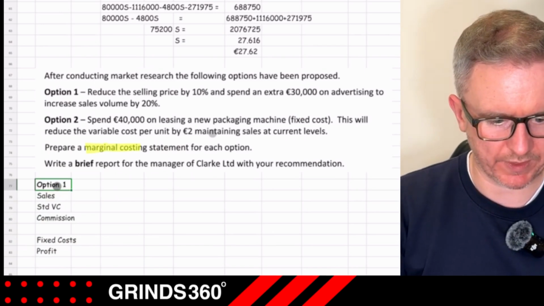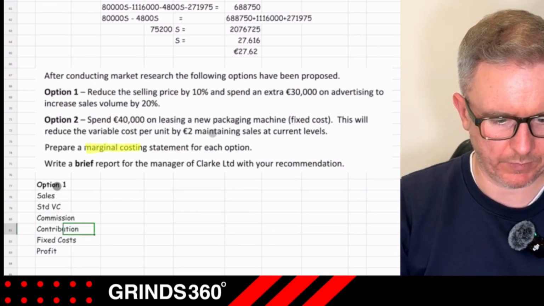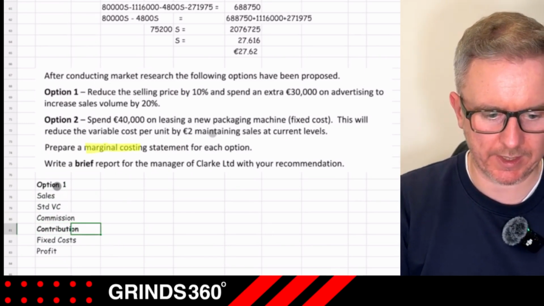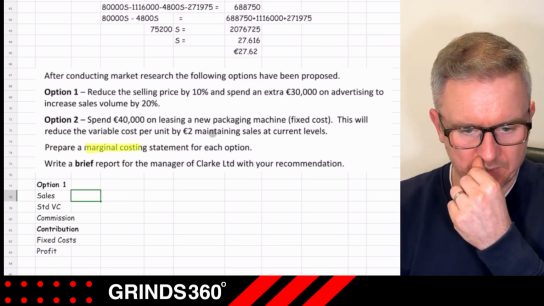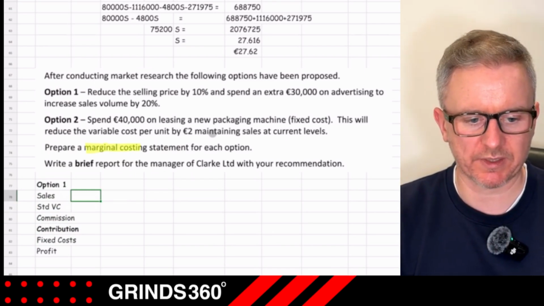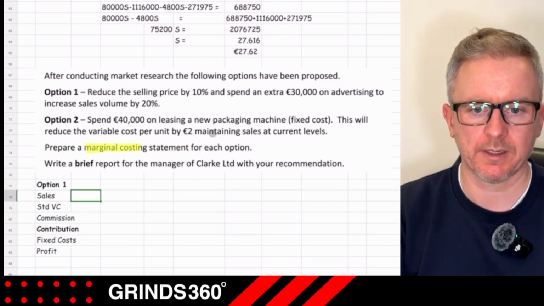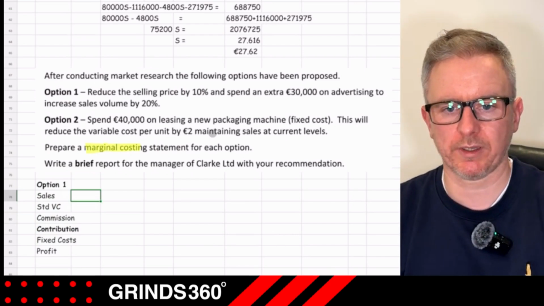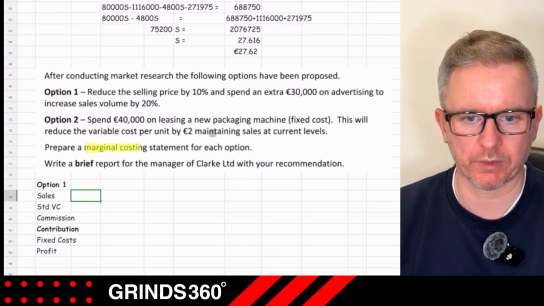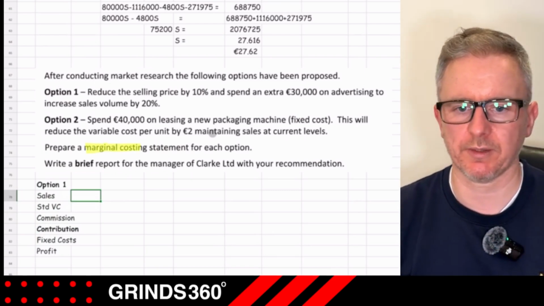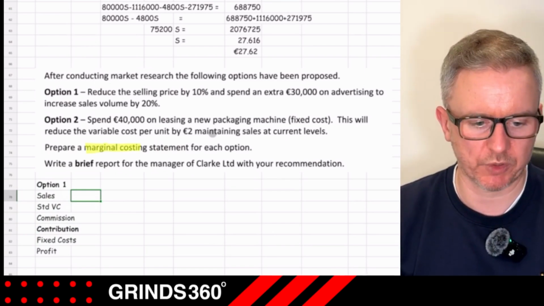So we're coming along and we're saying, right, what would happen here? So contribution, key that goes in. Reduce the selling price by 10% and spend an extra 30,000 on advertising to increase the sales volume by 20%. Now remember, I'm taking a working from the 2017 paper, but we're just applying it to what we have here, because it gives you an extra question, and you can always try the 2017 yourselves based on the method I'm showing you here.